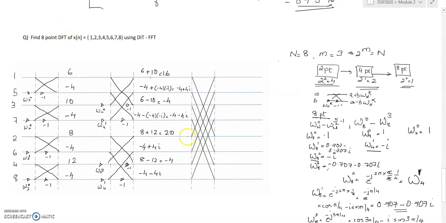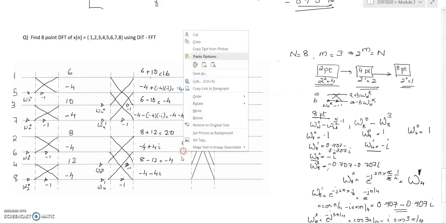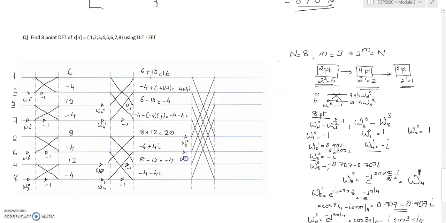So the twiddle factors used will be W80, W81, W82 and W83. So these are the twiddle factors to be used, and you require the -1 on all the arms. So I have the -1s placed here, -1 and the -1. So the entire butterfly diagram is going strong over here.